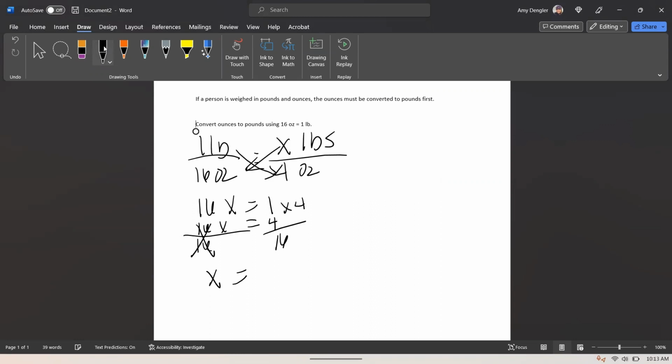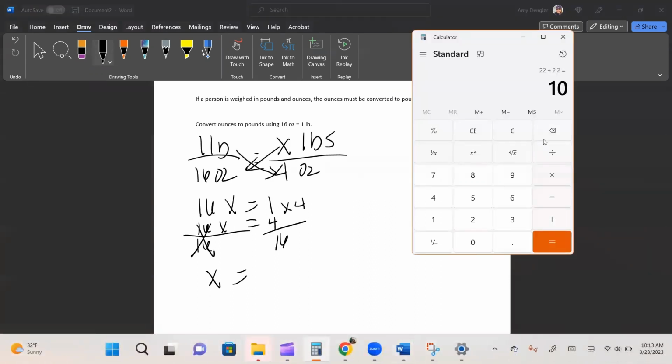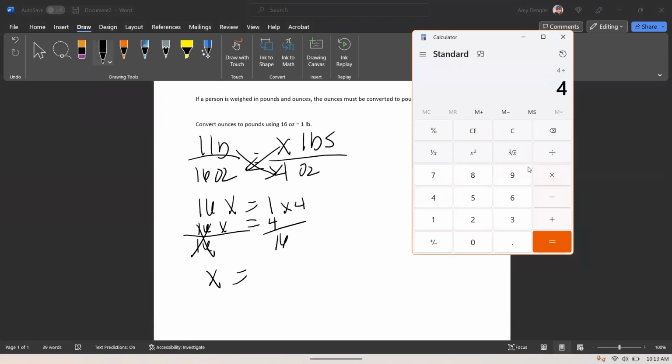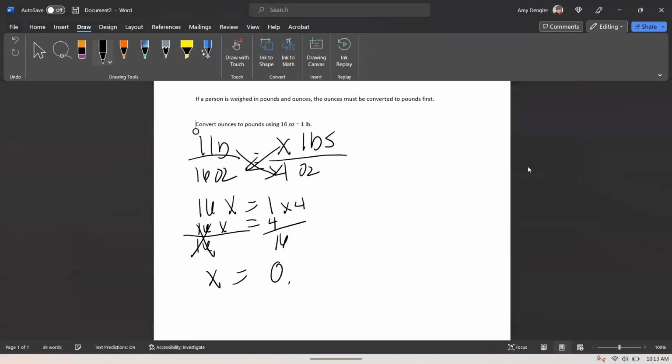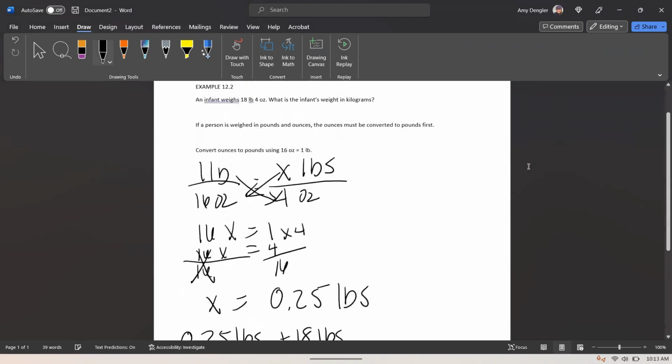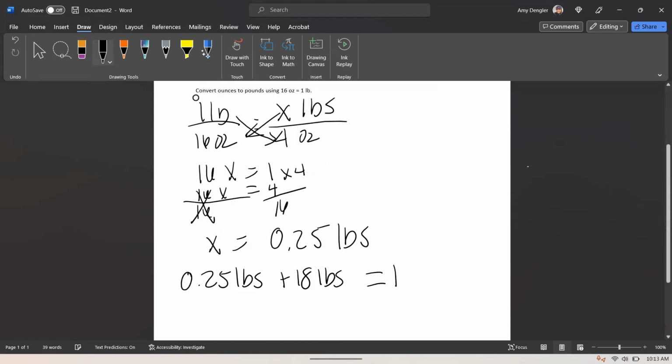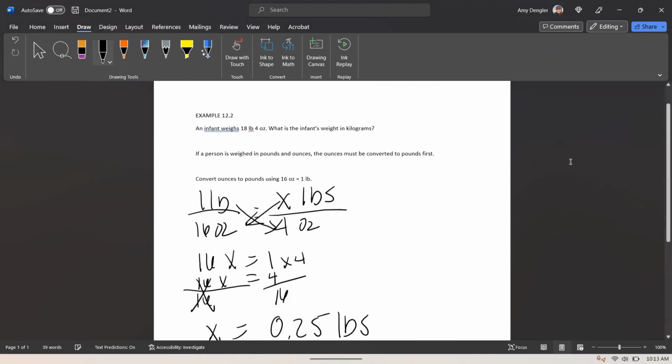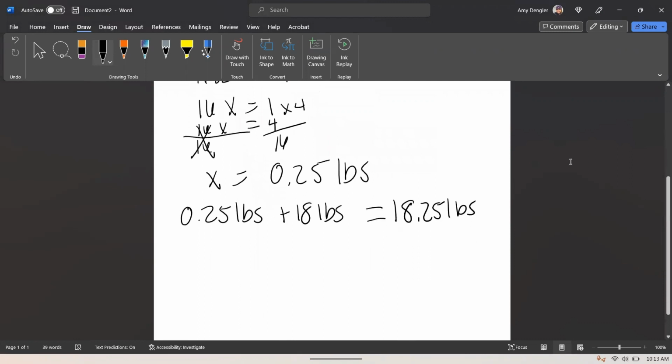And then we also divide 4 divided by 16, which gives us 0.25 pounds. So now we can add that 0.25 pounds plus the 18 pounds. So essentially the patient weighs 18.25 pounds. Now we need to convert those pounds to kilograms.